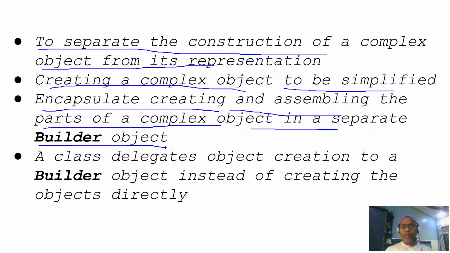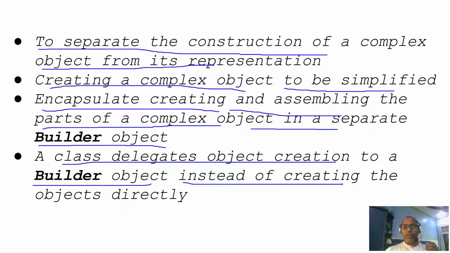So this design pattern suggests that whatever the complex logic for creating the object, you separate it out from the main class into another class, maybe a builder object. The class delegates the object creation to the builder object instead of creating the object directly.